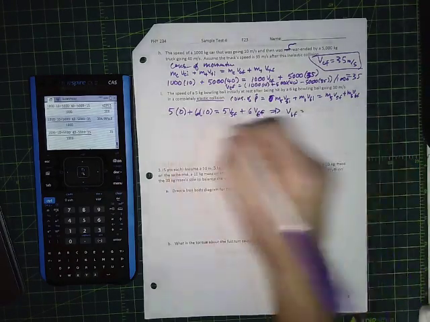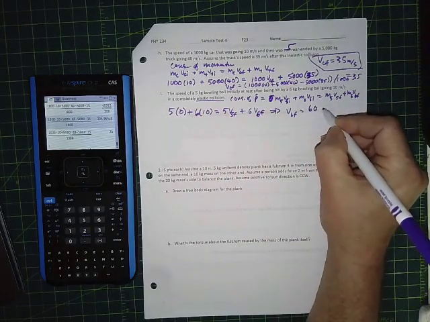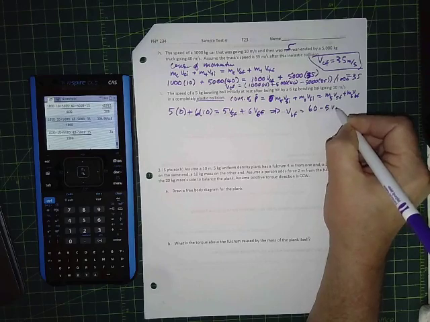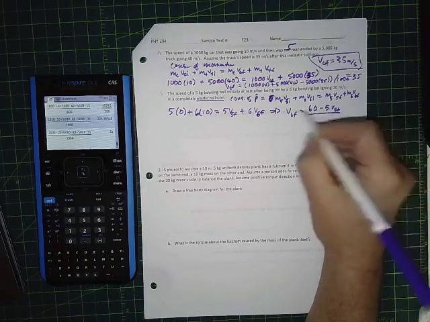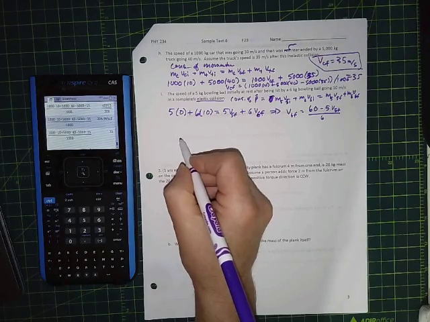Just rearranging this, we're going to have 60 minus 5 V5 final, divided by 6. So that's about all we can do with that.